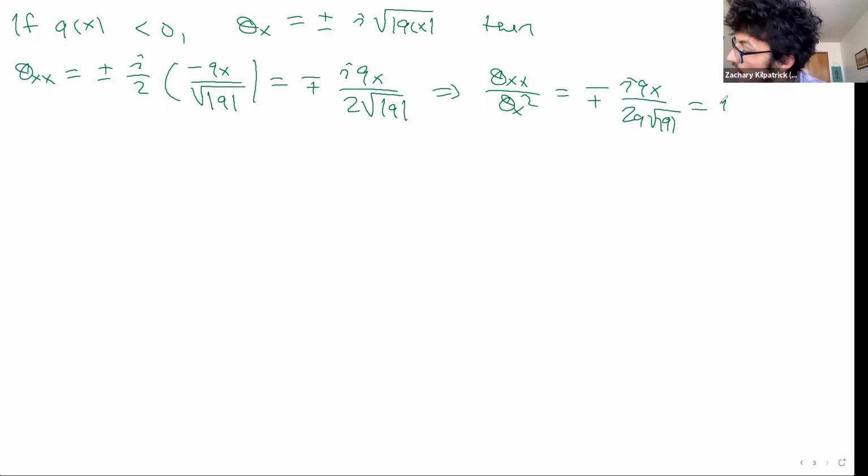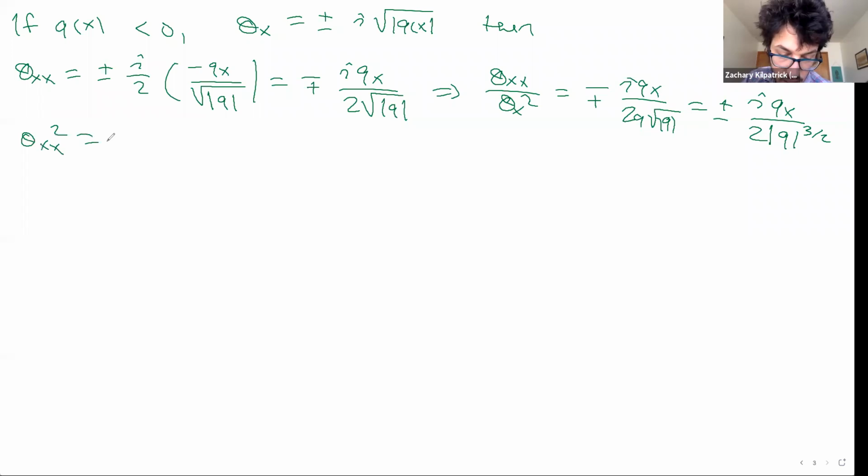or plus or minus i q sub x over 2 absolute value of q to the 3/2. So just trying to clean up that expression a little bit. So theta xx squared equals minus qx squared over 4 absolute value of q, equals qx squared over 4q.